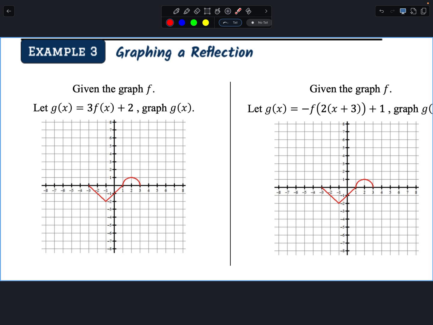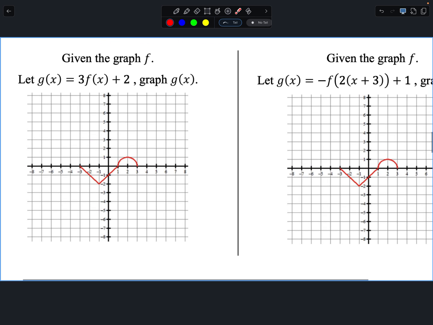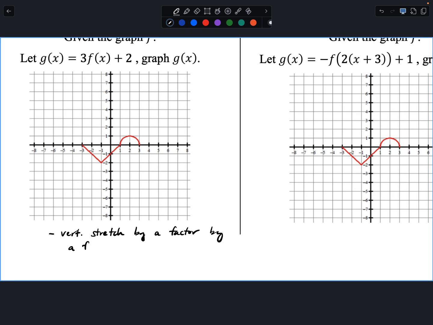Okay. All right. So just in the notes, vertical stretch by a factor of 3, and then a shift 2 units up.